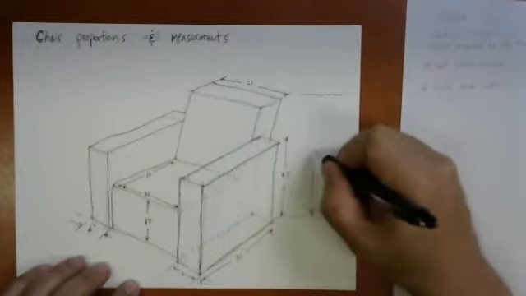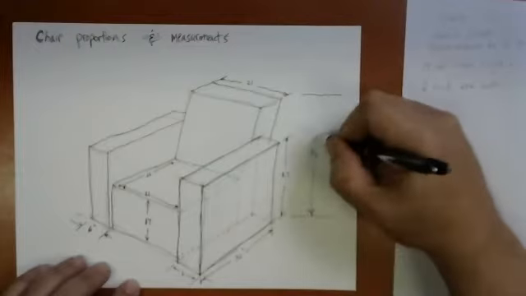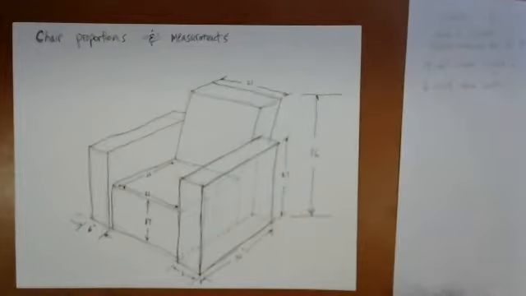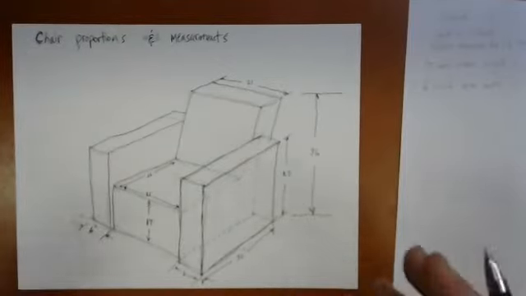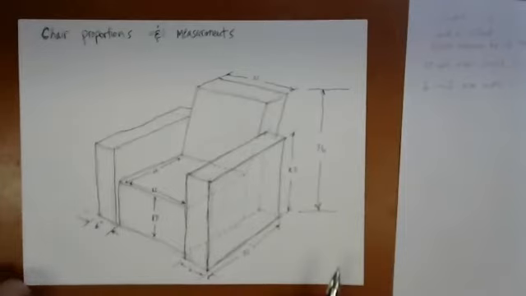And I'm going to plug in my last measurement over here, 36 inches, to give me the height of the chair from the floor all the way up to the top of the back of the seat. So now I have basically measured out a lot of the measurements of my chair.